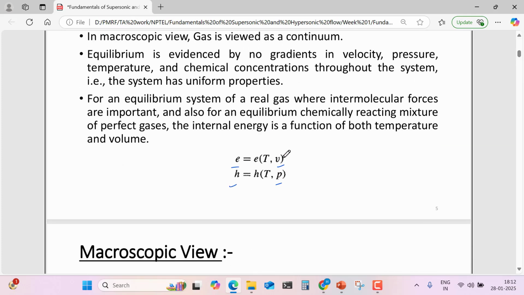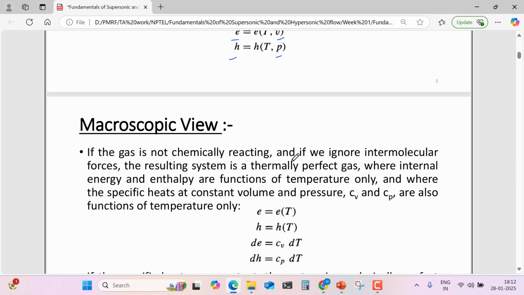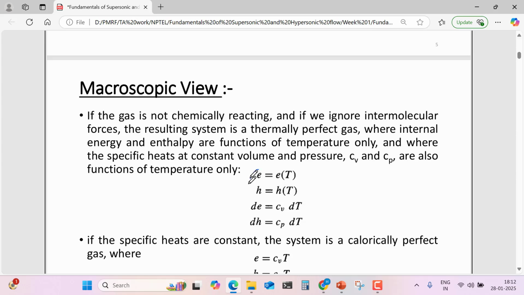And if the gas is a thermally perfect gas, then it will depend only on the temperature. In the case of a thermally equilibrium perfect gas, the gas will not be chemically reacting, and we will ignore the intermolecular forces.